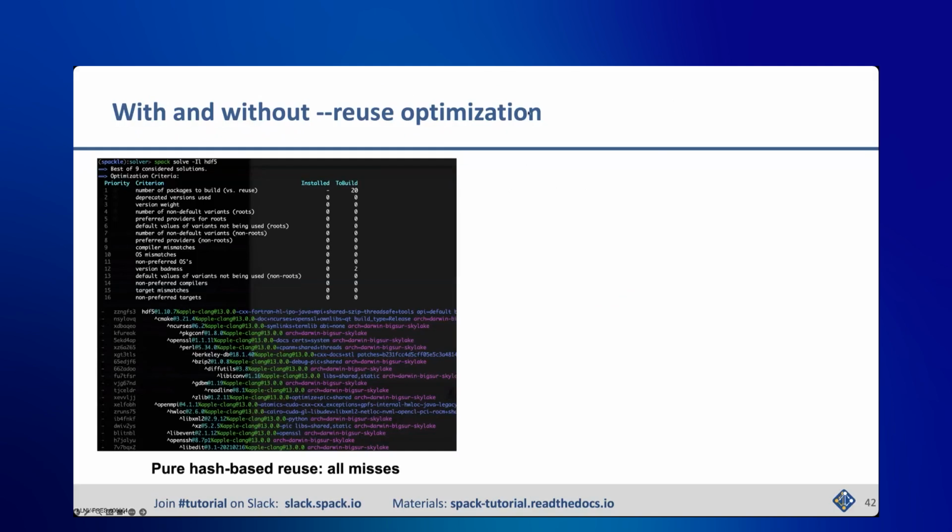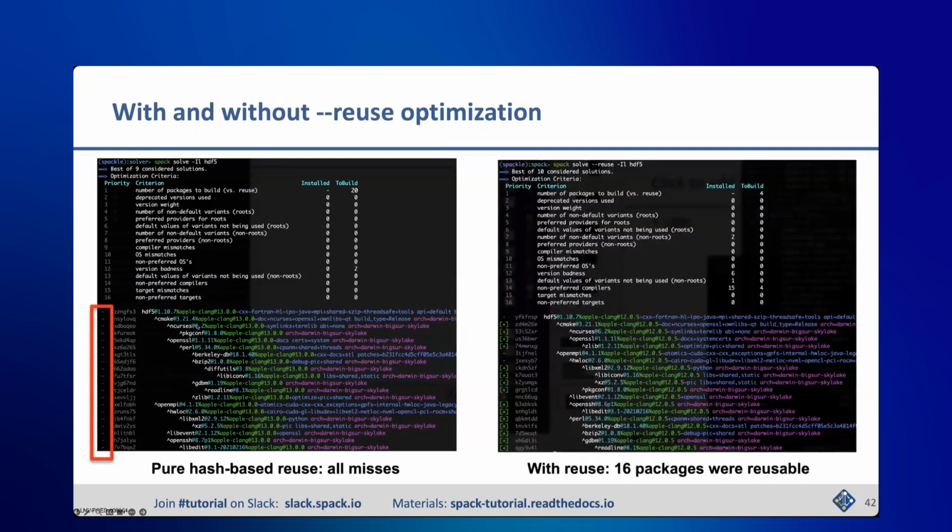And so if you installed something before, having just pulled from Git, gotten all the new package definitions, you might see something like this, where it says, okay, I'll build HDF5 for you, but I didn't find anything I could use. So here you go. I'm going to build all of these different packages to make it work, just because I needed a new CMake.